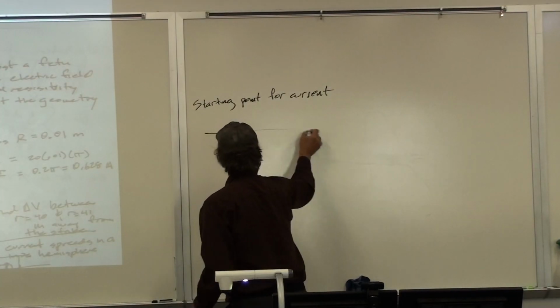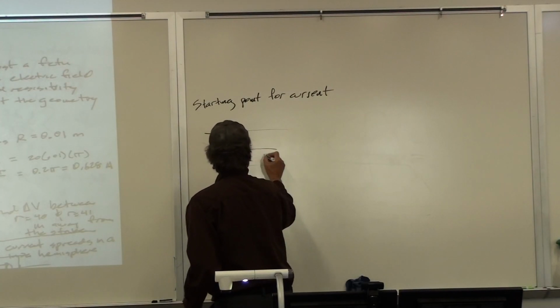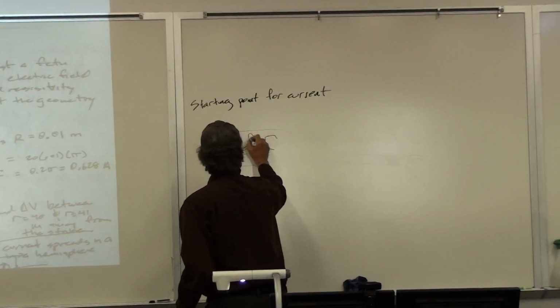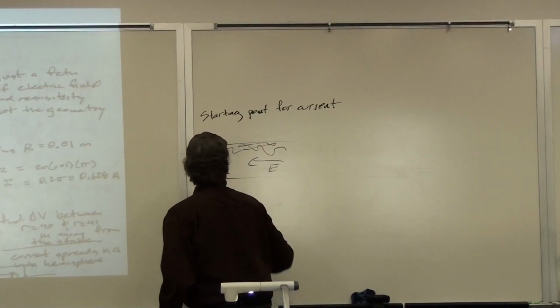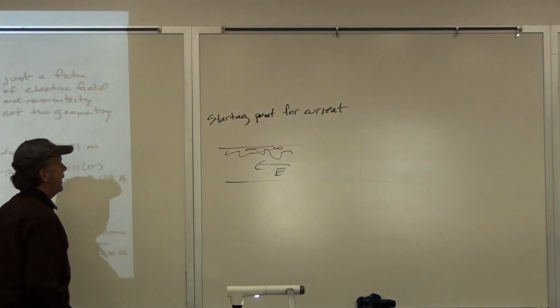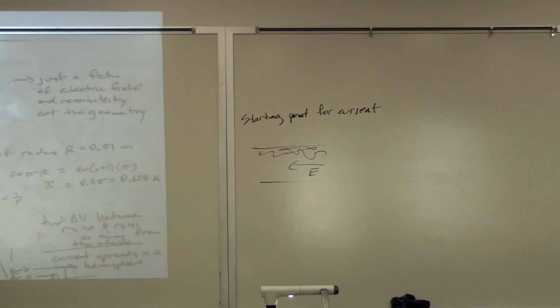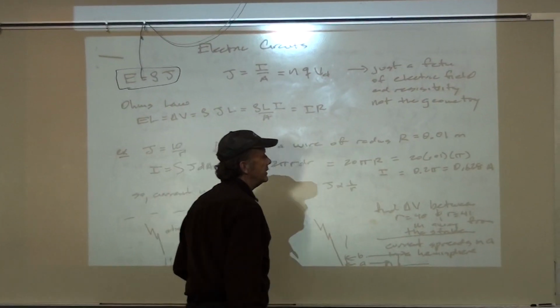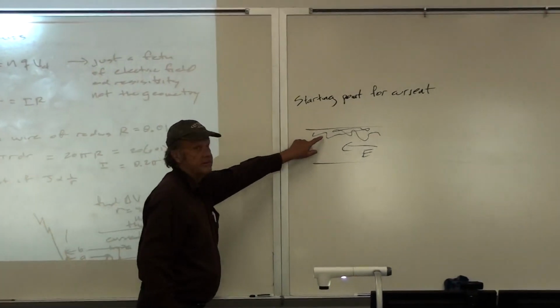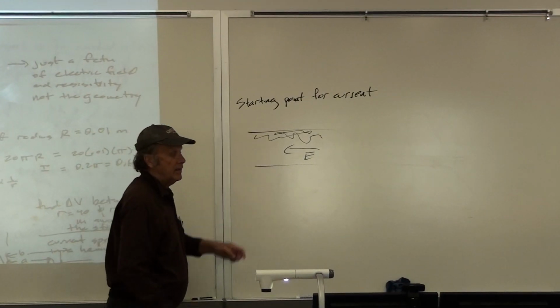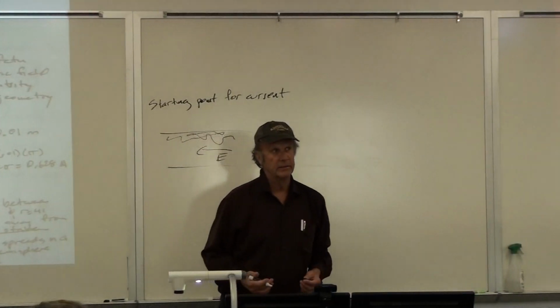And so we know that inside of a wire, you've got some local electric field, and that's causing charges to move. And that result, then, of an electric field inside of a conductor causing charges to move is what we call a current. Okay?